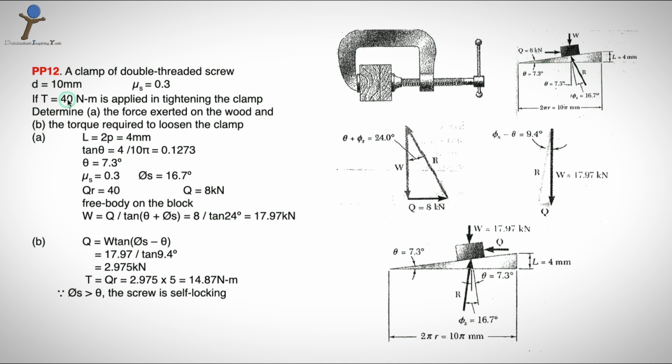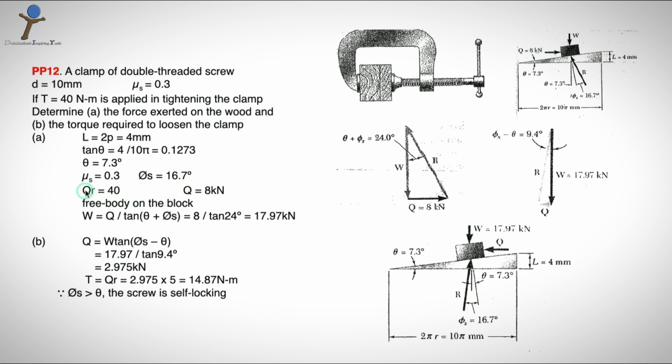Now, coming back to the calculations, the wedge angle is 7.3 degrees. Mu s, the frictional coefficient, is 0.3. So, tan phi is equal to mu s, calculated as 16.7 degrees.